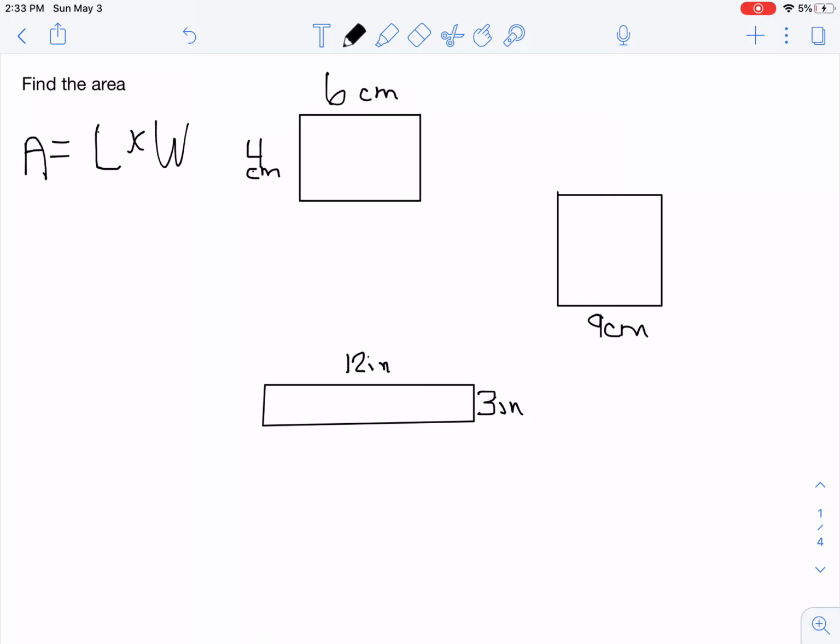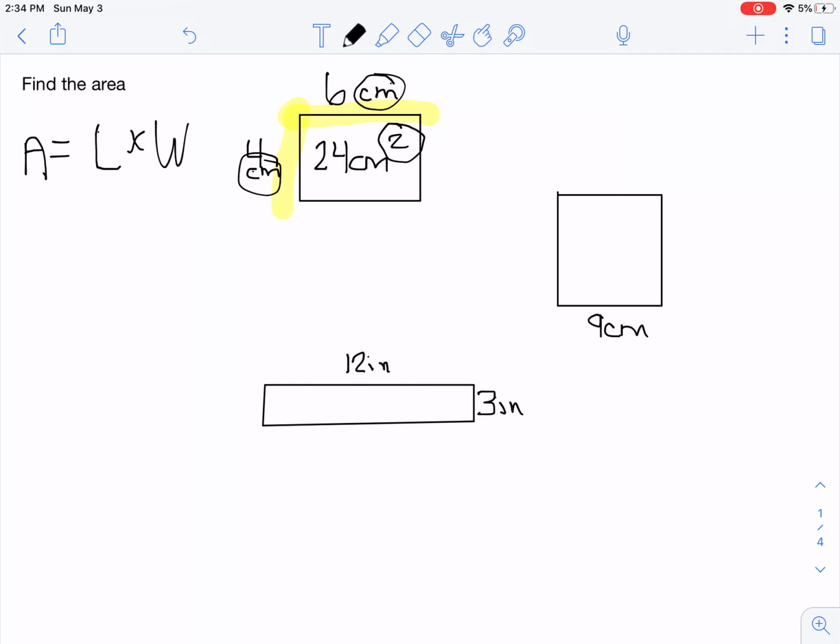Okay, so we have width here, length here, and 6 times 4 is 24, but we can't just leave it at 24. It is 24 centimeters squared. And remember, we put the squared here because we have 2 measurements that are centimeters, 1 and 2.